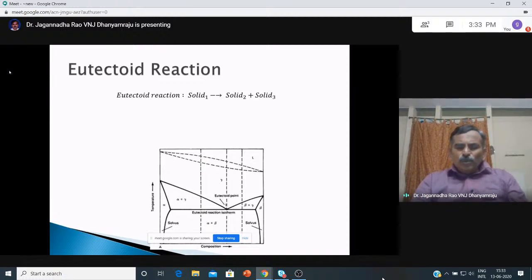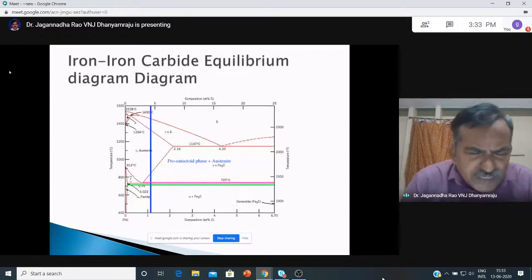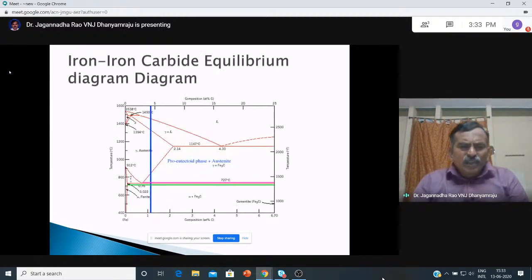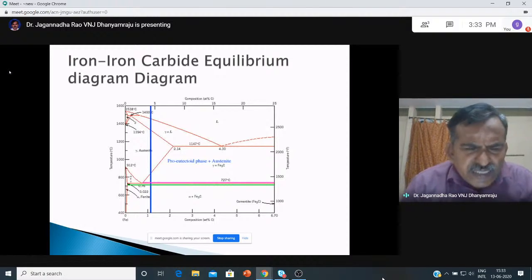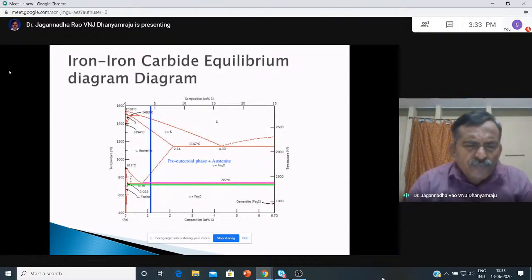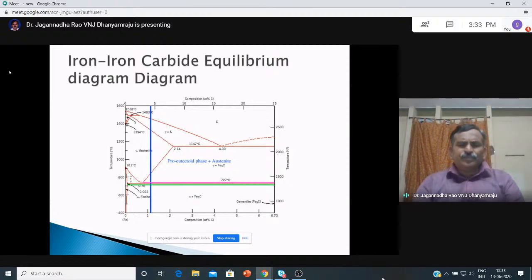So likewise, we have this iron carbide diagram at 0.76 or 0.8. We have eutectoid reaction occurring at 727 degrees centigrade.